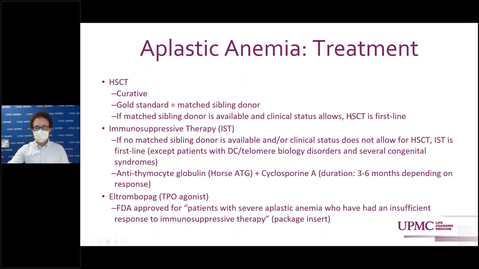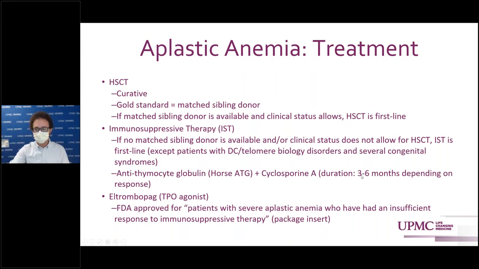So if a transplant is not an option for the patient, then we do this immunosuppressive therapy, because like I said, it's most commonly an autoimmune process. So you want to calm down the immune system by suppressing it. So that's with these medications right here, and a lot of these sometimes take some time to really get full effect.